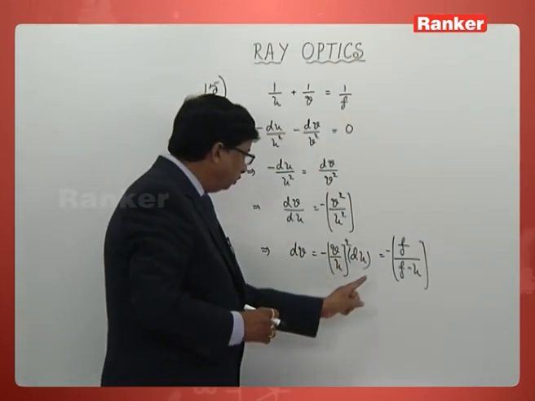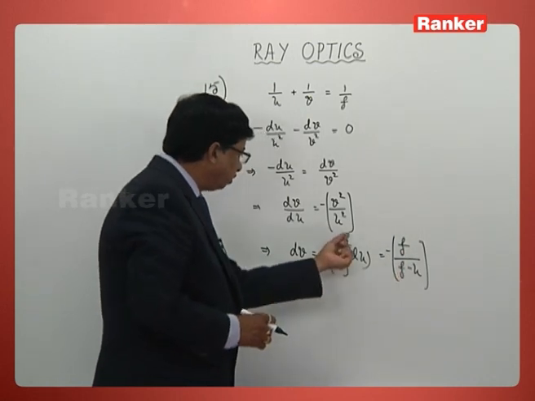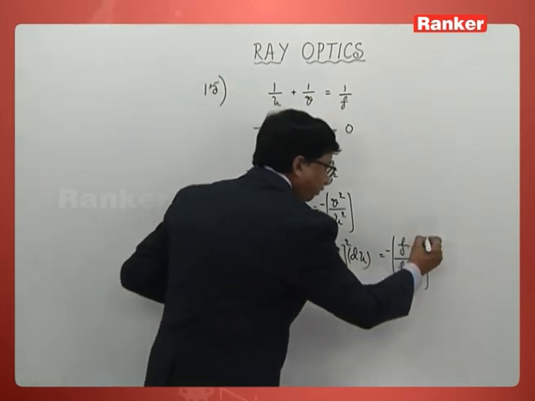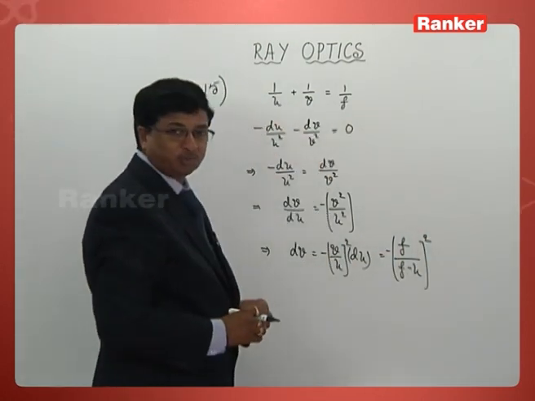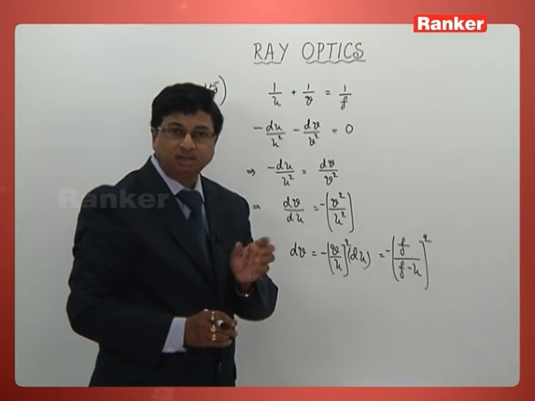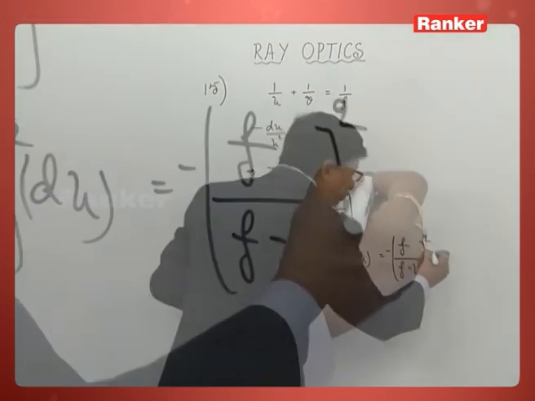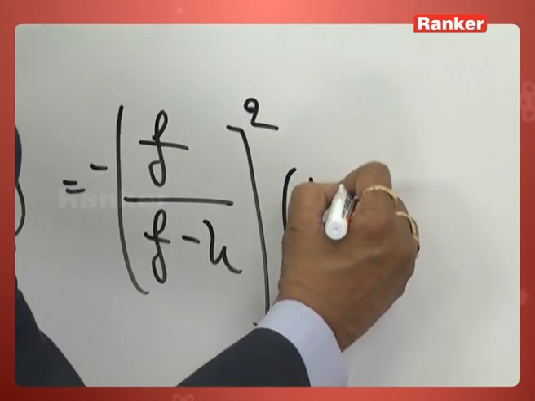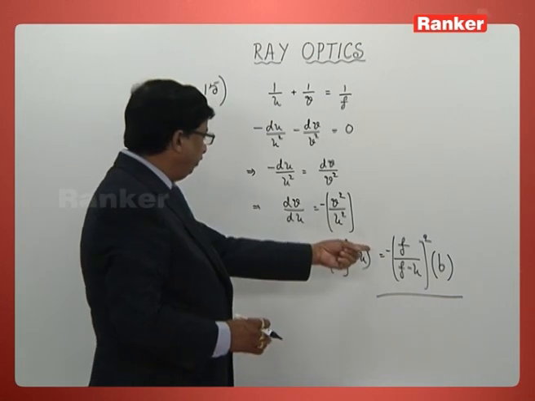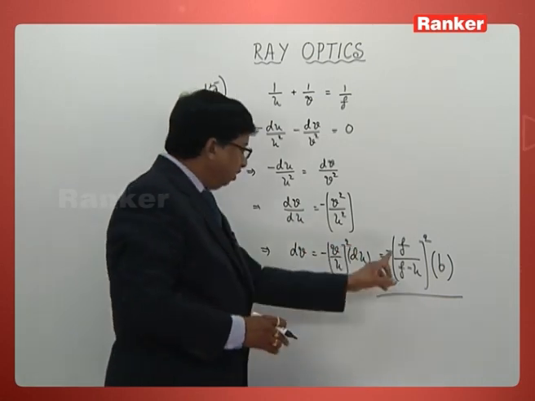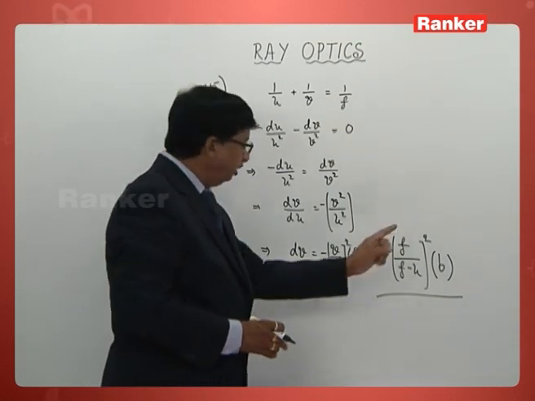So v by u now can be written as f by f minus u, but whole square we have, right, into du. What is the size of the object given? The length of the object is given as b. So into the value of b I can write. Now look carefully at what we have got ultimately. f by f minus u whole square into b.